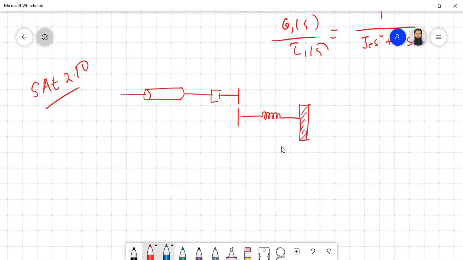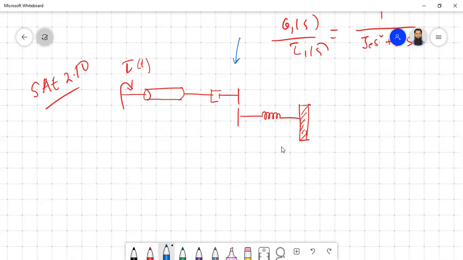So all the parameters are given, you have a torque here. As you know, just like a transformer, this is the same point, so you just shift it from one side to the other side, that's it.